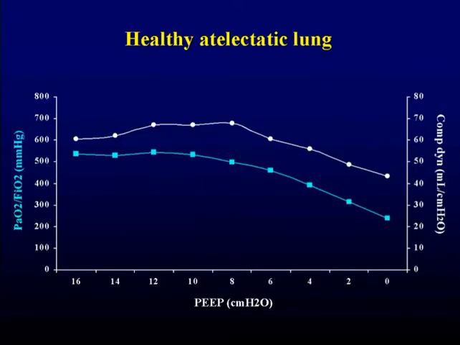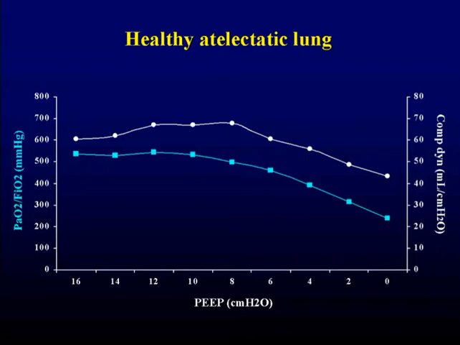So when looking at the results in more detail, we included two groups of patients. One group that we considered healthy patients with no major lung pathology or disease, but a tendency to collapse. And this group was mainly represented by cardiac surgery patients, and another group of more severe disease patients, acute lung injury patients.